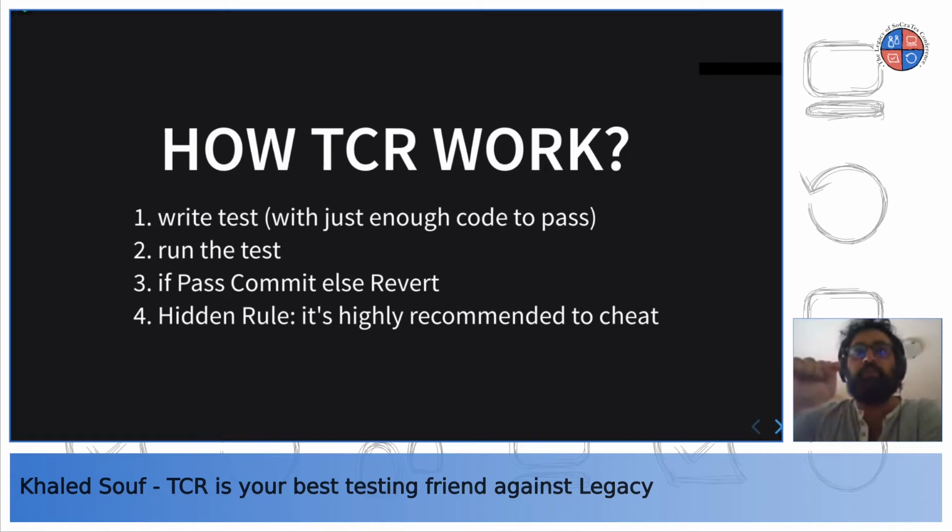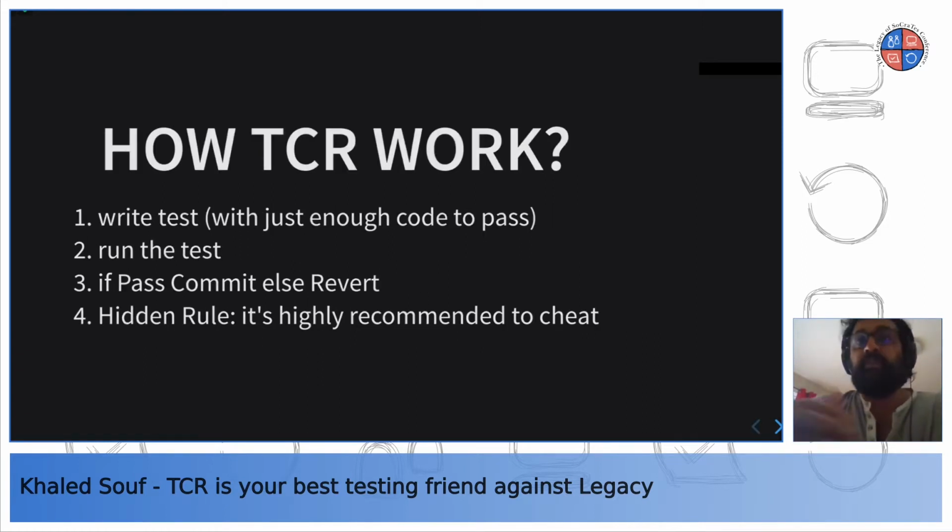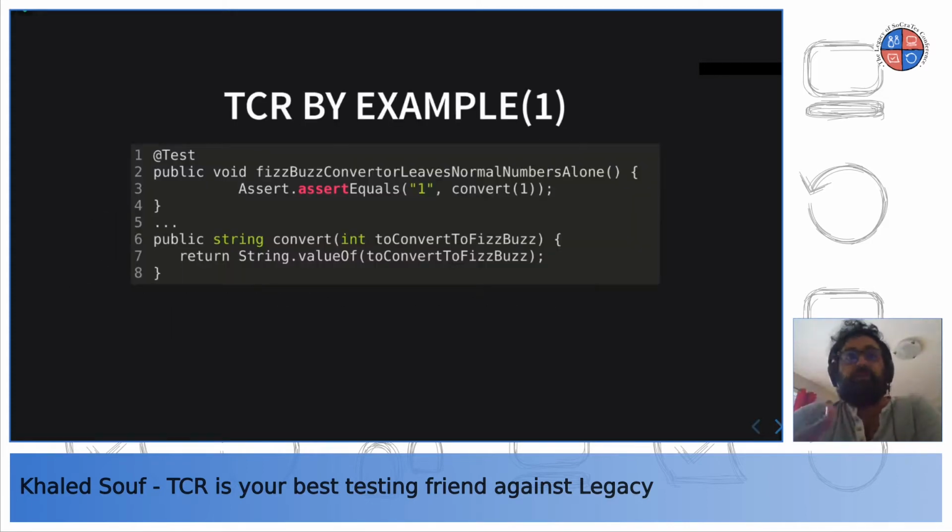It's highly recommended to cheat, but we are cheating only for the production code, not for the test. We will not push a test that actually does an assert true is true, because it doesn't mean anything, but we can fake how the production code is going to pass that test.